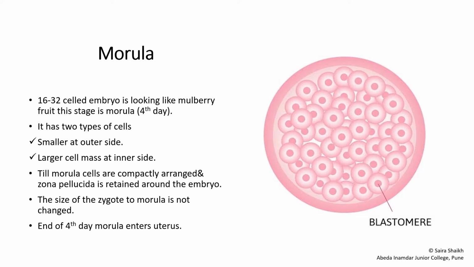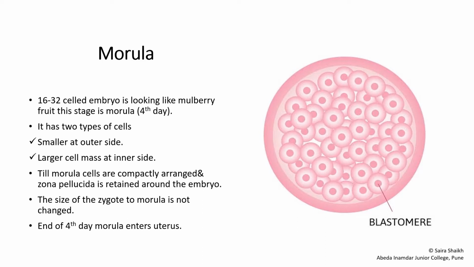The morula cells are arranged very compactly, with no space in between, and the zona pellucida is intact around the cells. It is retained until the embryo is implanted. The size of the zygote and the size of the morula are the same. Only the number of cells is increased, but the size remains the same.